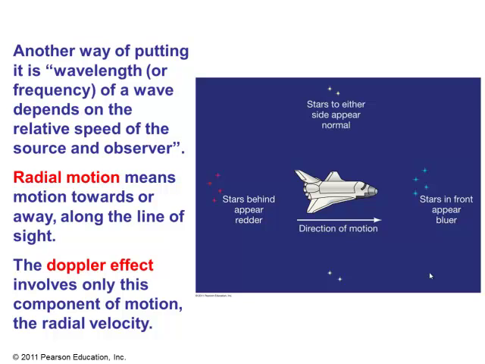But the stars in front and on the back, they're the ones that appear bluer and redder respectively. So the Doppler effect involves only the radial component of motion. So please keep that in mind.